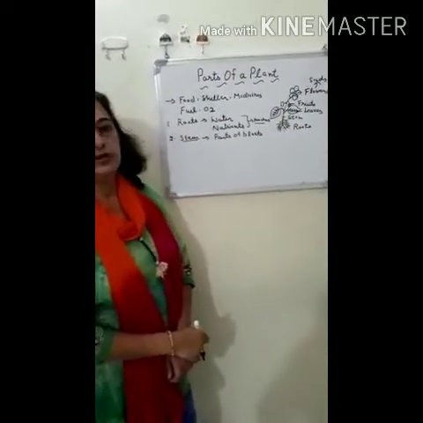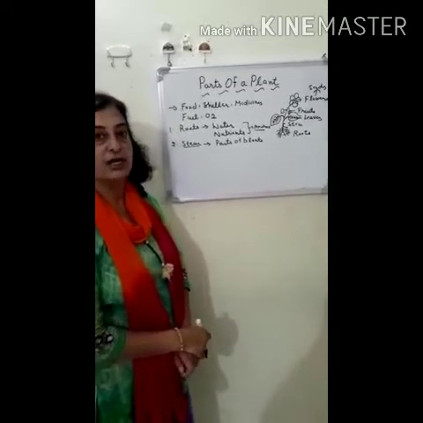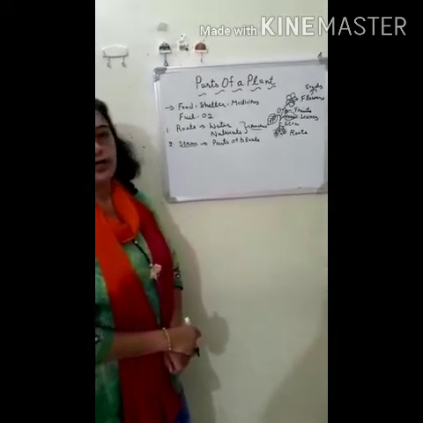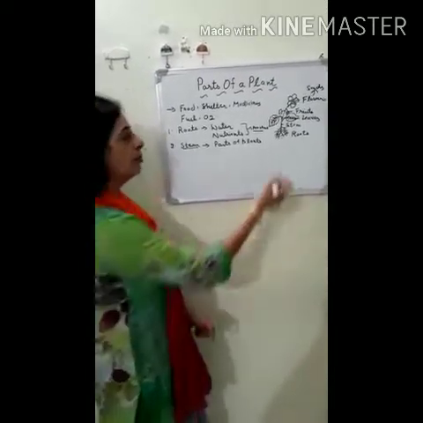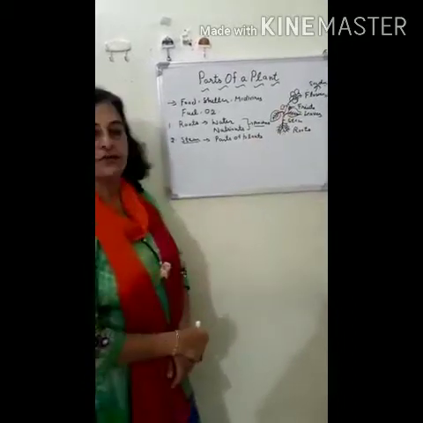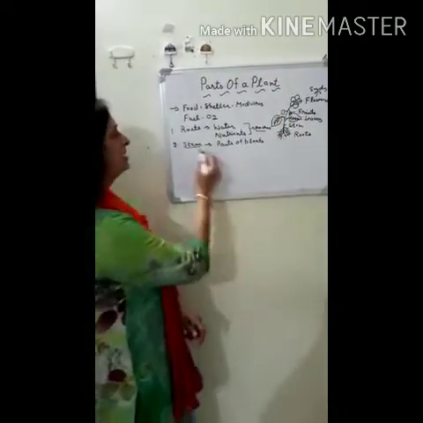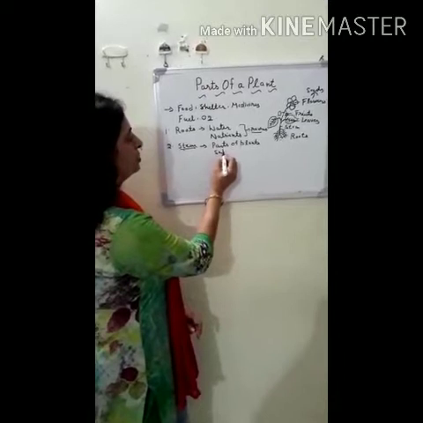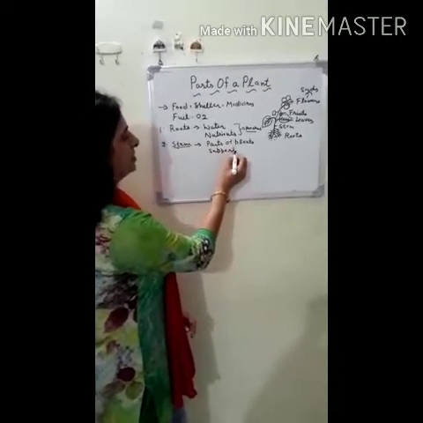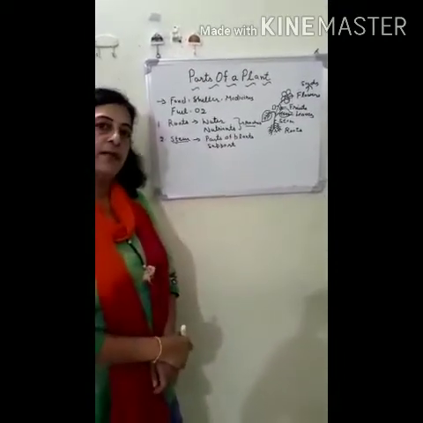It means the stem does the process of transportation of food, water and nutrients from roots and from leaves to different parts of the plant. Stem also gives support to the plant.